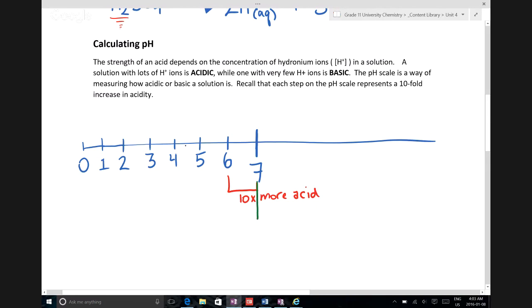All right, if we went from 7 to 5, that would in fact be 100 times more acidic. Because recall that each step is 10 times. So the first step is 10, and then the second step is 10 times that, and 10 times 10 is 100.